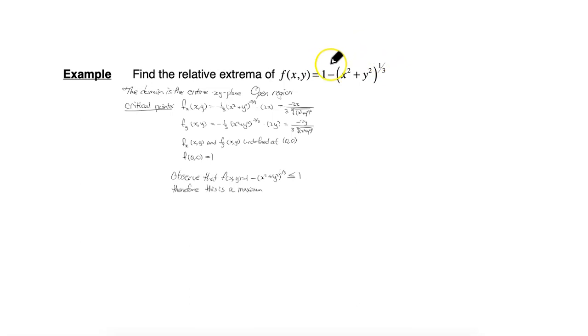So if we do 1 minus something non-negative, it's always going to be less than or equal to 1. It's written here. And therefore, we can conclude that f of 0, 0 equals 1 is an absolute and relative max. Now, yeah, it's both a relative max and an absolute max.